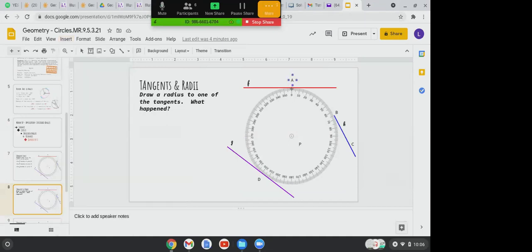Okay, so if you had one here, I'm going to try to get it as straight as I can. So you may have gone here, and again, everybody has their own.